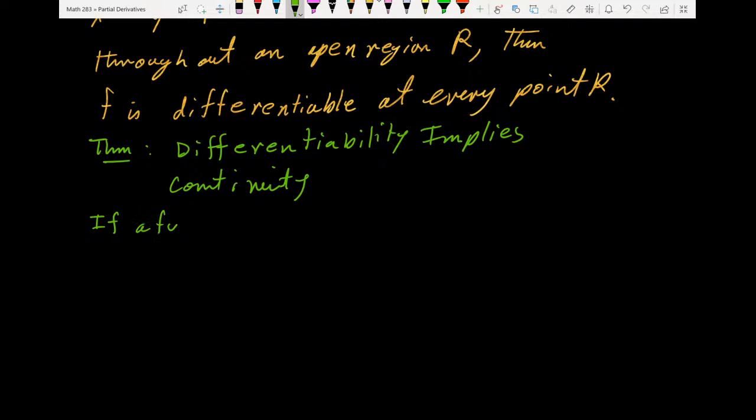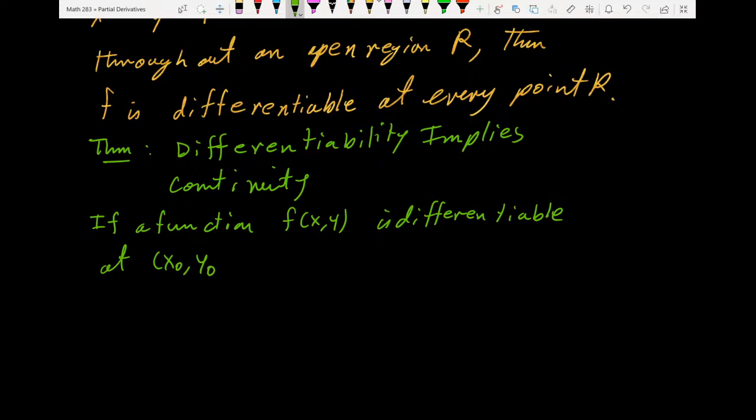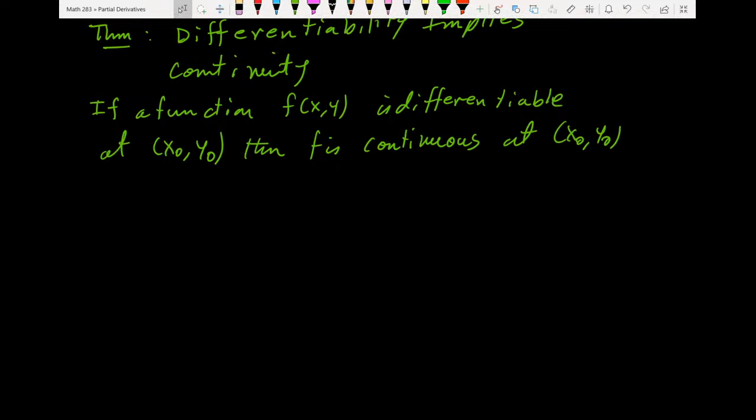If a function is differentiable at x naught, y naught, then f is continuous at x naught, y naught. Okay, we did all this dry, hard stuff. And now let's go back to some example problems.